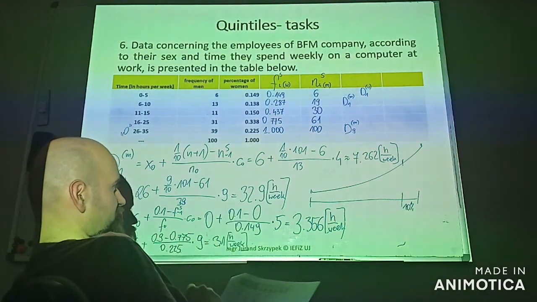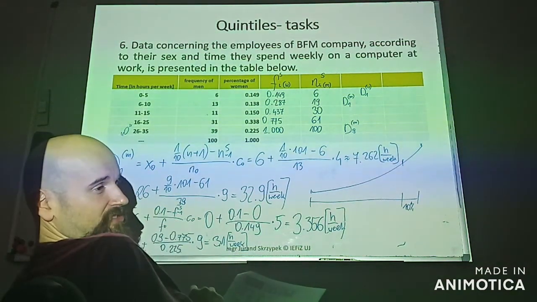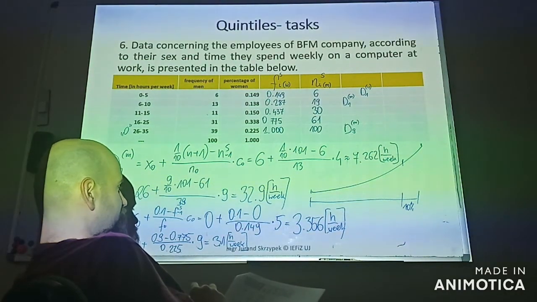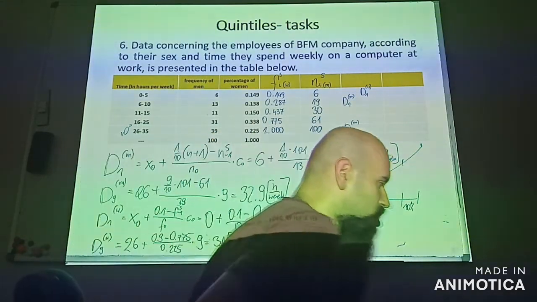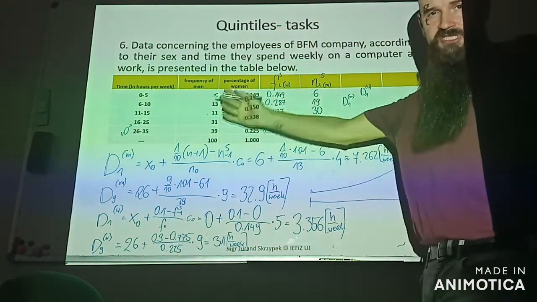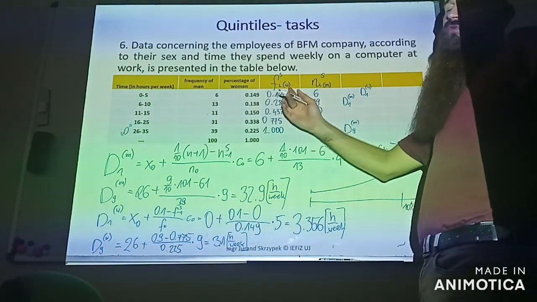But men are characterized by the highest measure of 9th decile. So once again we confirm that men spend generally more time in front of the computer in the business and finance management company.